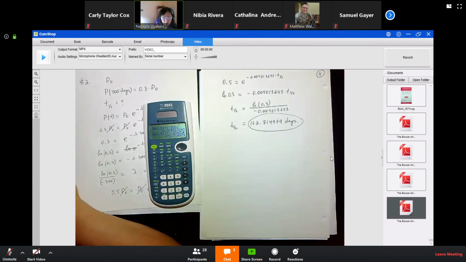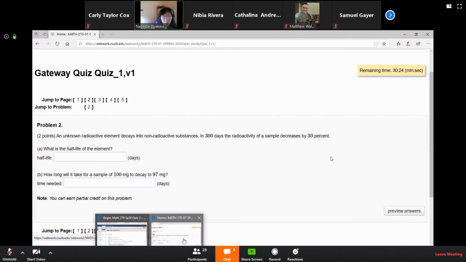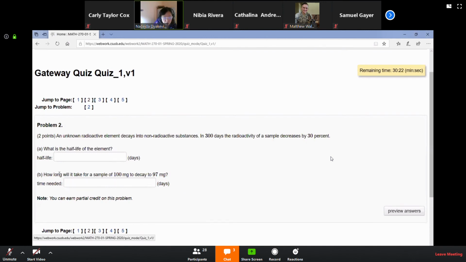I'm looking at it, yes. They want to find how long it will take for a sample of 100 milligrams to decay to 97 milligrams. So for part B, we would have to set 97 equals, this is the initial, right? A sample of 100 milligrams decayed to 97 milligrams.